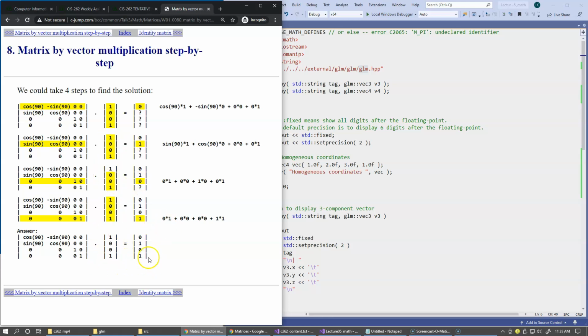So here we go. This is the resulting vector, and you can see that x is 0, y is 1, and z is 0. This is our normal vector in the direction of the y-axis. A little bit later in this series we will construct matrices like this and apply transformations to move our vertices in space using matrix by vector multiplication.